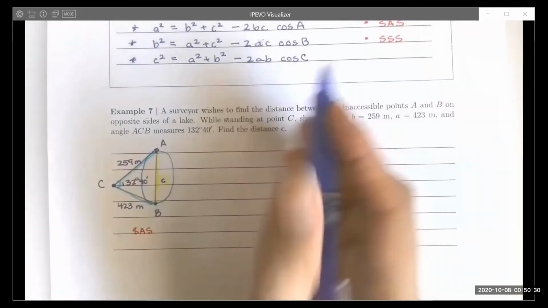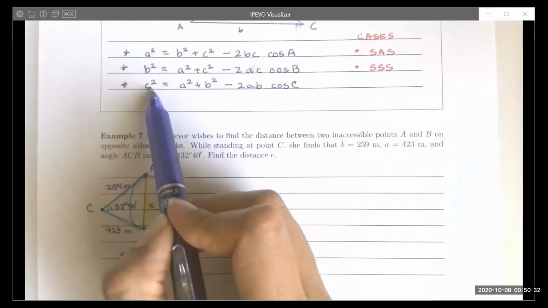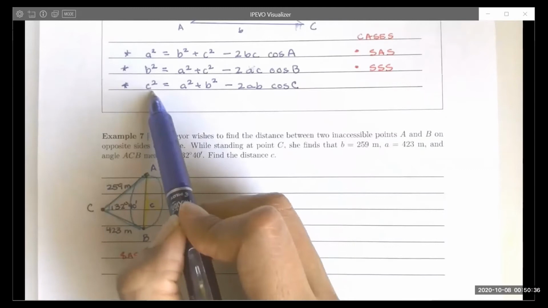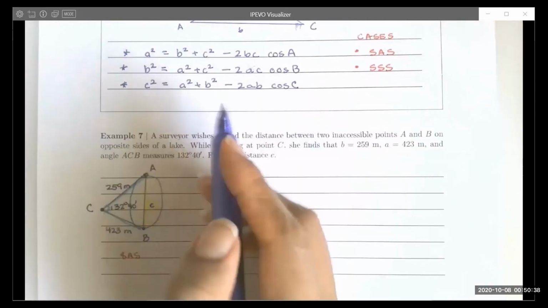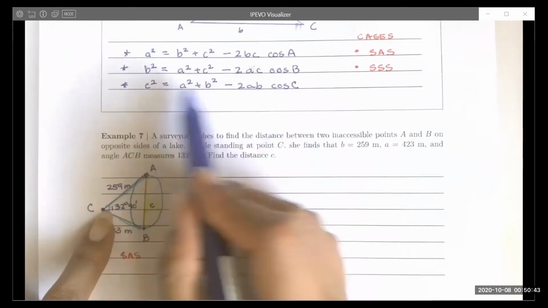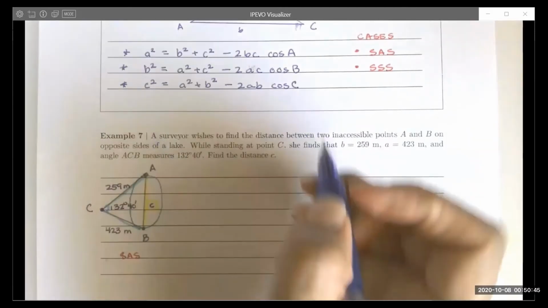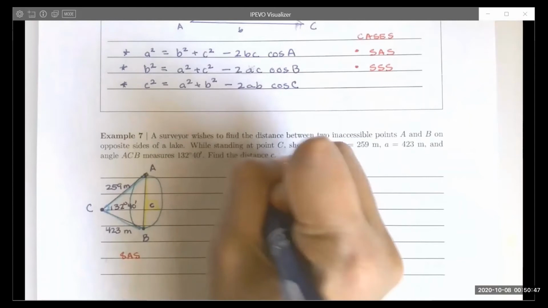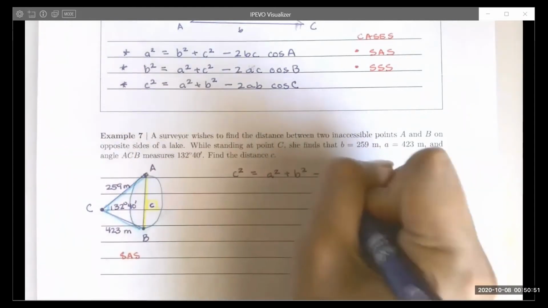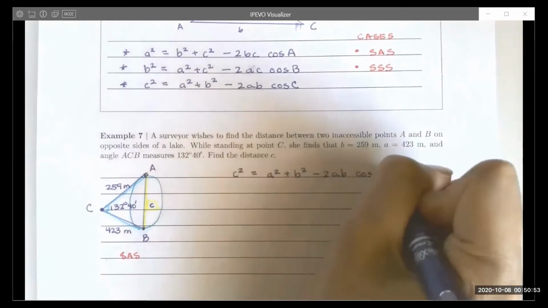Out of these 3 formulas, we're going to be using the third, since that is the one that has C already isolated, plus the angle that's given is angle C. So it's really the only formula that we can apply here. So we're going to rewrite that. C squared is equal to A squared plus B squared minus 2AB times cosine of angle C.